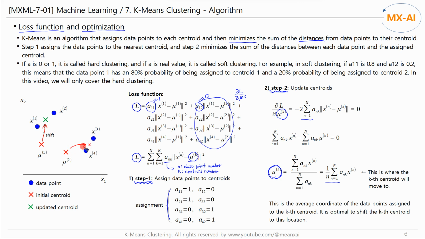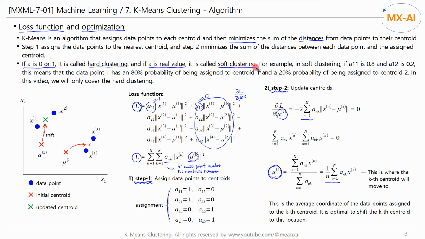Like supervised learning, unsupervised learning also allows you to define a loss function and train to minimize it. If A is 0 or 1, it is called hard clustering. And if A is a real value, it is called soft clustering.